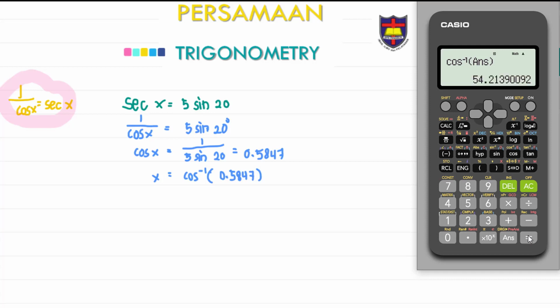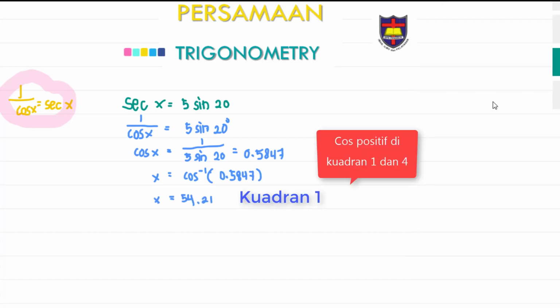And here we will have the angle 54.214, or we will take 54.21, and since we know that cos will be positive in quadrant 1 and quadrant 4, we will use the ASTC for quadrant conversion. So here we already obtained the first quadrant angle.